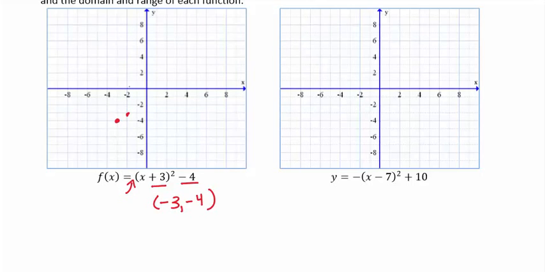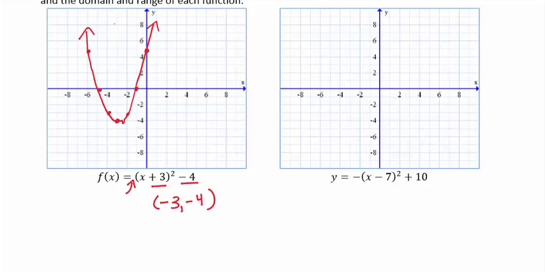Up 3, right 1. And then up 5, right 1, and do the same thing on the other side. And then we fill in the parabola.